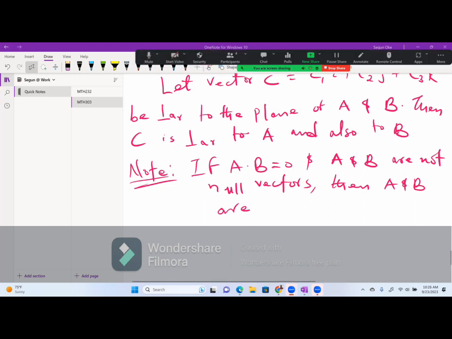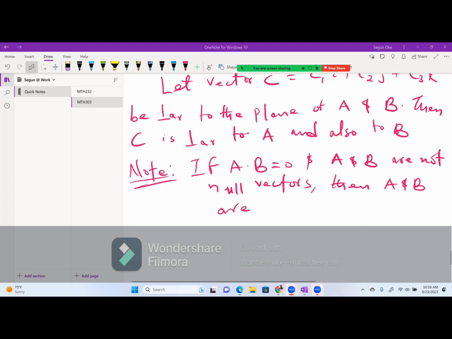So, sorry for that. What we are saying here is, if A dot B is equal to 0, and A and B are non-zero vectors, then A and B are perpendicular.